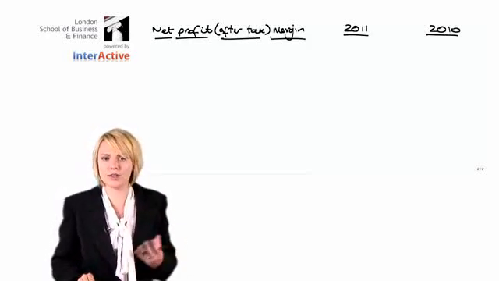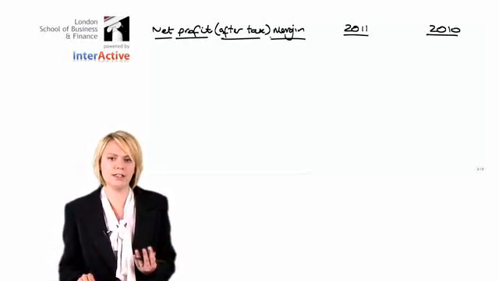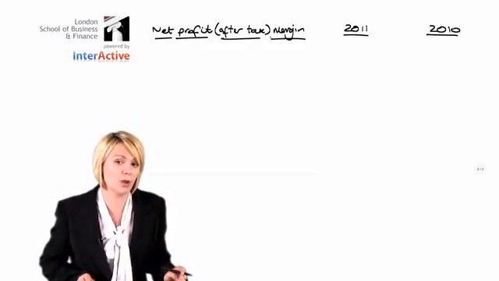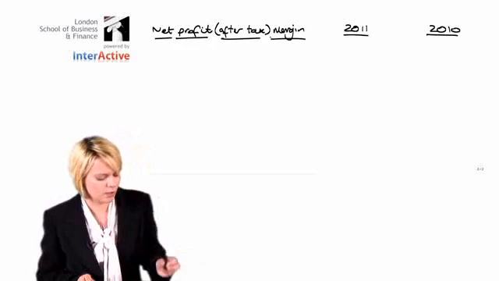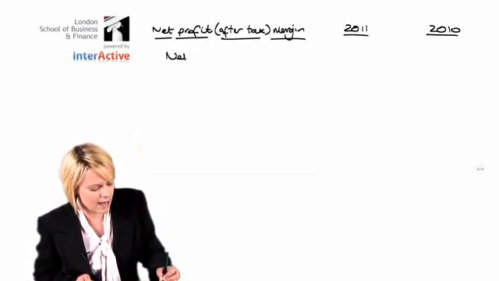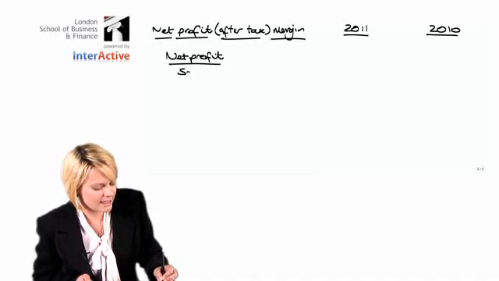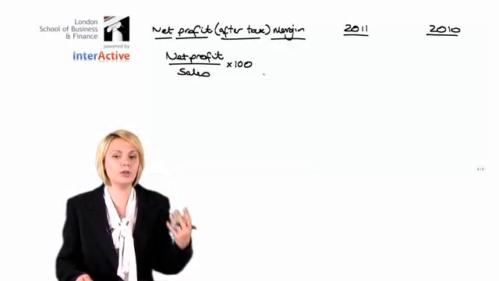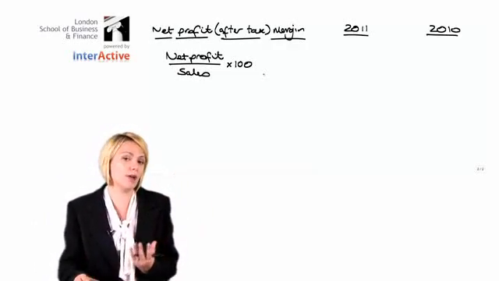And in this case, we have the 2010 results. The ratios for one year in isolation really don't tell us an awful lot. So, if we take the net profit or profit for the year and divide that by sales, times it by 100, that is going to give us how much of our revenue drops down into the bottom line profit for the year.